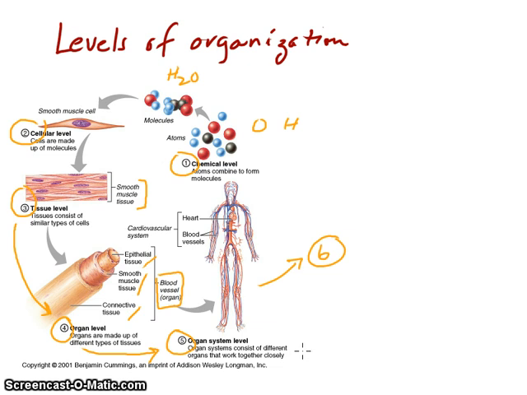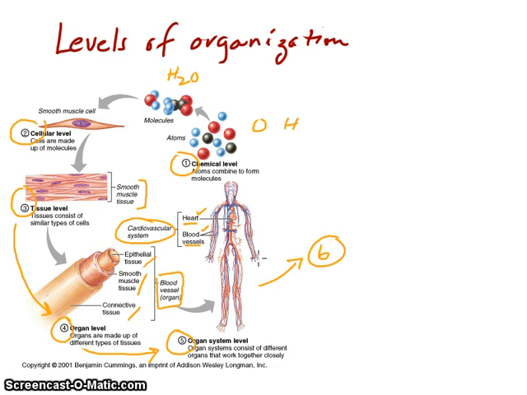And that, in combination with the blood vessels, is described as the cardiovascular system. That is the organ system that we're dealing with. Take a look here: cardiovascular, consisting of the heart and the blood vessels. The heart is one type of organ, and blood vessels are another organ.